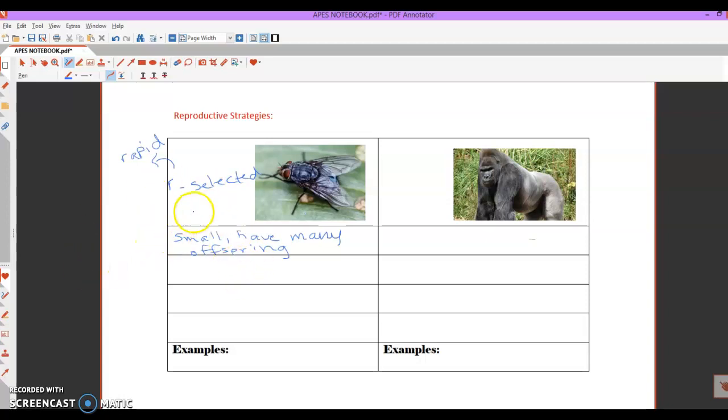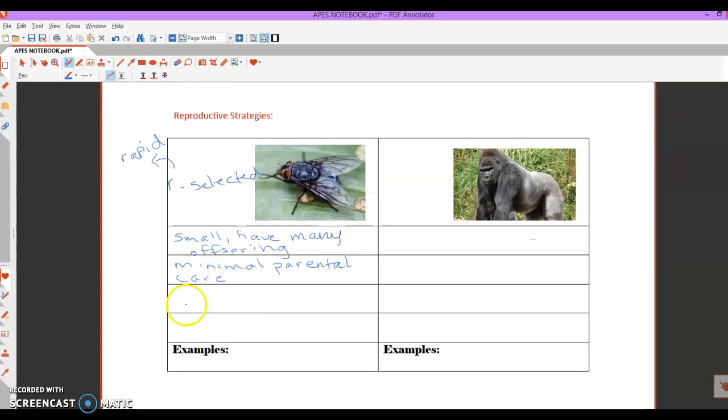Now, another interesting characteristic of these R-selected organisms is they do not care for their young. Okay, so the fly mamas do not take care of the fly babies. So there is minimal parental care and lots of babies.